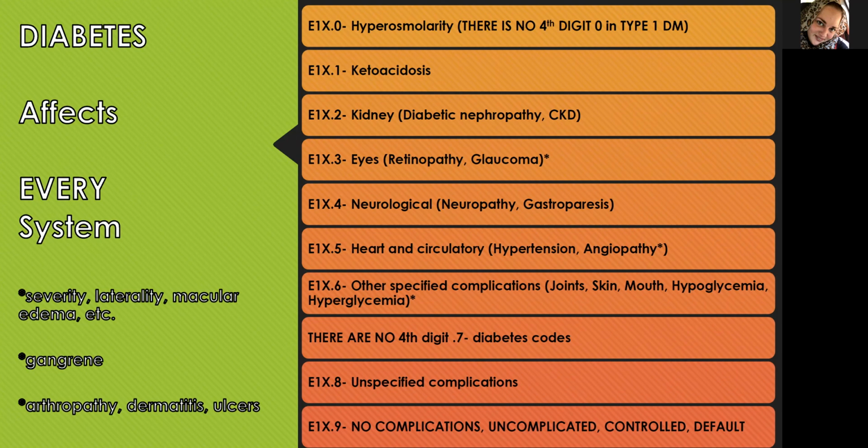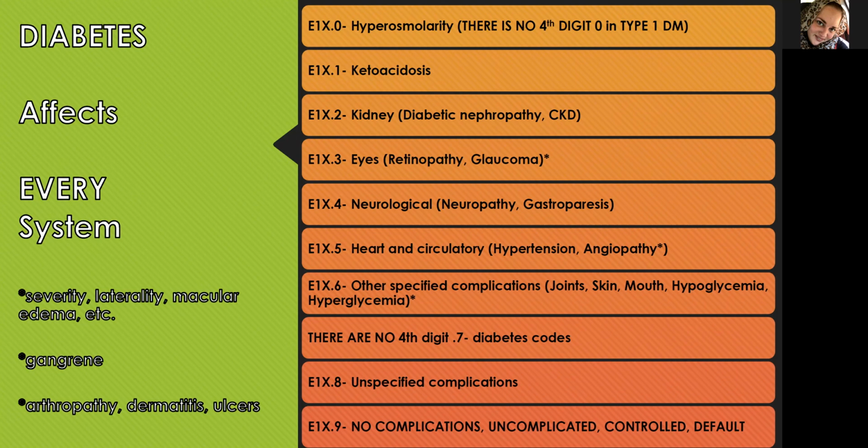Okay, so imagine any diabetes code here, .0. .0 is your hyperosmolarity, right? Except in type 1, there's no fourth digit 0. That's the only exception. Okay, so .1 is ketoacidosis.